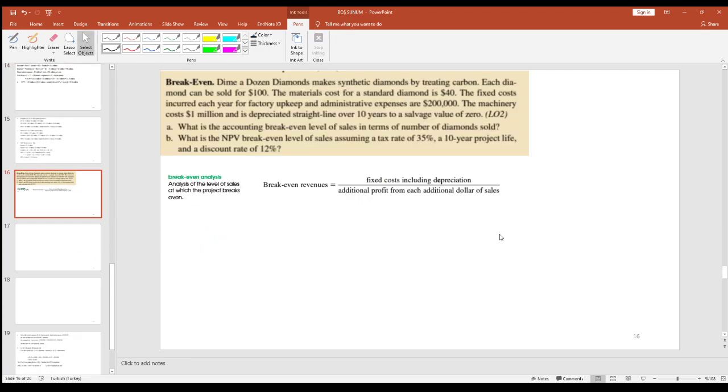Alright, okay, let's move on to the last problem. This problem is about break-even. There are two break-even definitions. Well, the general definition is this: analysis of the level of sales at which the project breaks even. Here we have two definitions. First, accounting break-even.